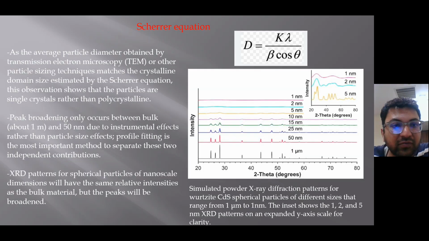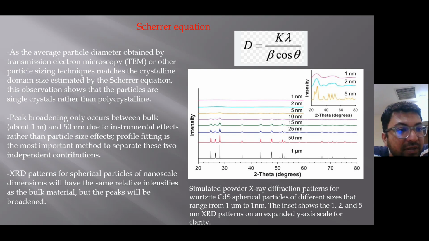The next slide is the Scherrer equation, in which we relate the crystalline domain size to the width of the peak. If the average particle diameter obtained by TEM and the same sample characterized by XRD give the same result, then we can conclude that the particles are single crystal rather than polycrystalline.